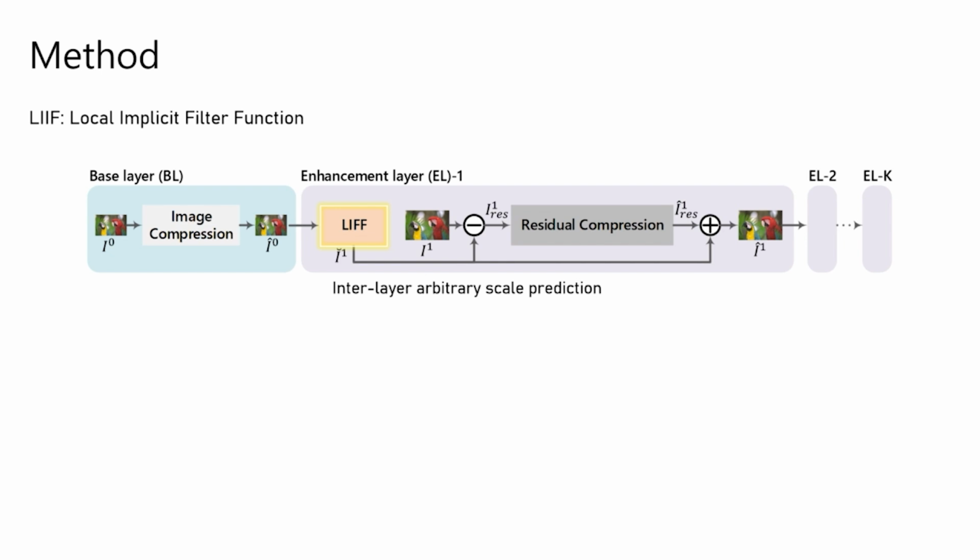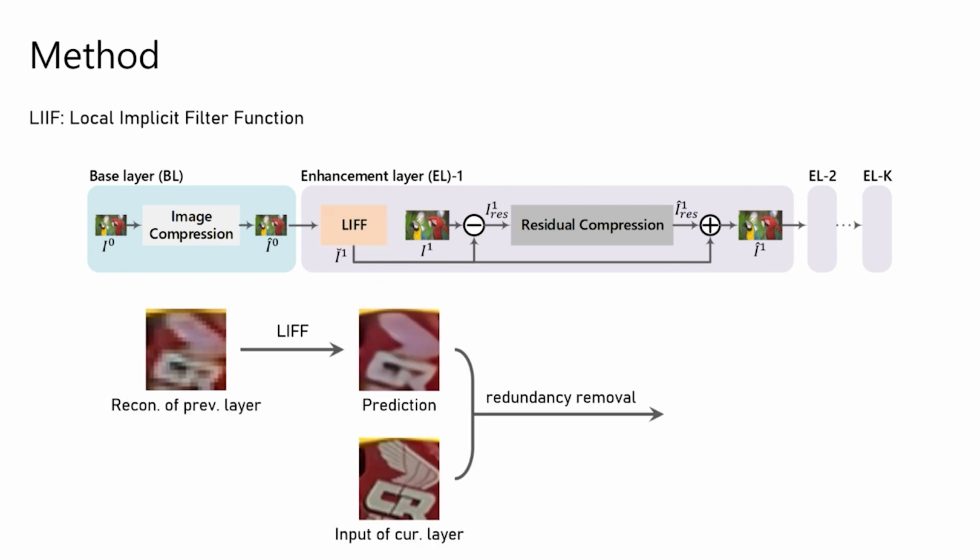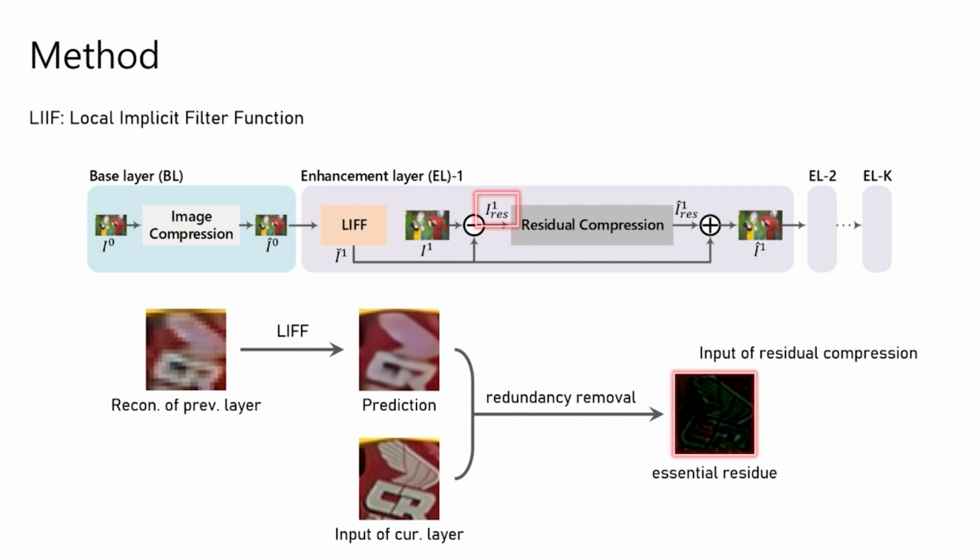Specifically, in each enhancement layer, the interlayer arbitrary scale prediction module, called LIF, can effectively estimate and reduce the spatial redundancy between the reconstruction of the previous layer and the input of the current layer for arbitrary scale factor. Therefore, the residual compression module only encodes the resulting essential residues in reconstructing the image with high coding efficiency.